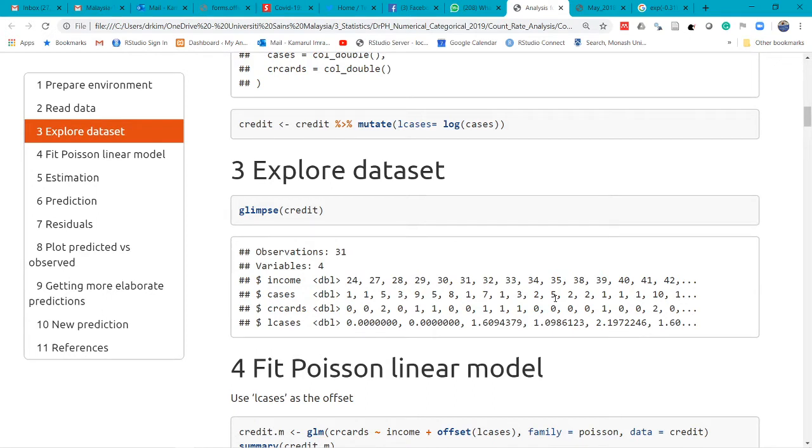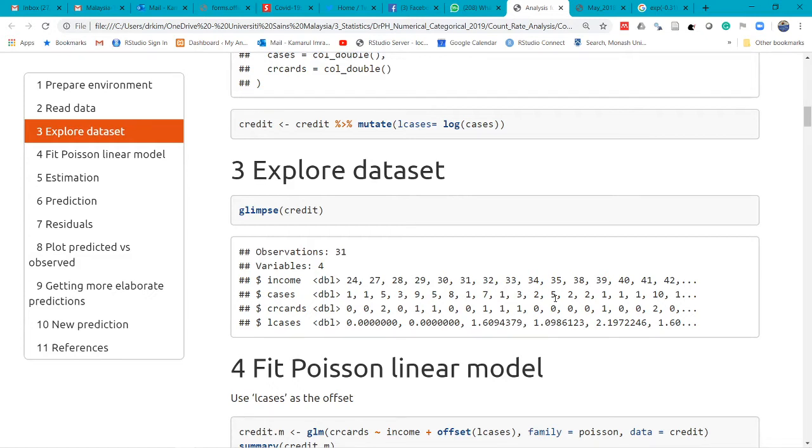What is this dataset all about? I have forgotten. But actually, they want to look at the factors related to the rate of stolen credit cards, if I'm not mistaken.